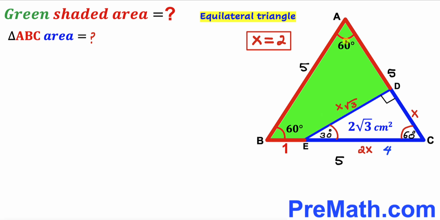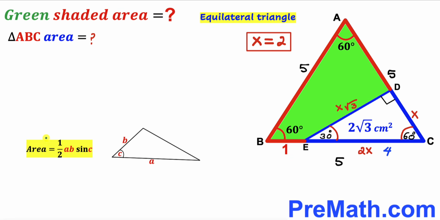And now our task is to calculate the area of this big triangle ABC. Let's recall the area of a triangle formula. Area is always equal to a half times a times b times sine of angle C. As you can see in this given triangle, we have these two side lengths a and b, and C is the angle in between.